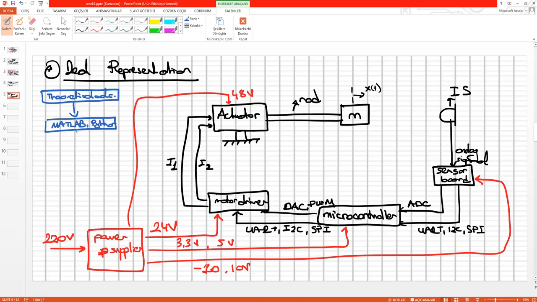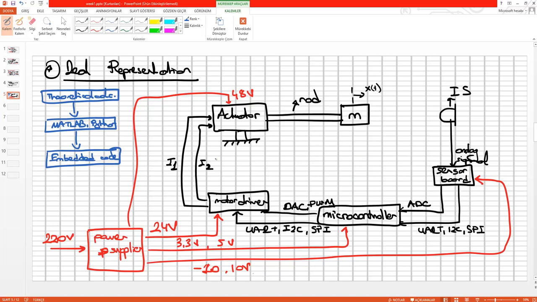And after that, we should create the embedded code design in here. Because MATLAB and Python don't provide the embedded code to be utilized in the microcontroller structures, right? And so if you have a MATLAB model or simulation model, you need to convert these models to the embedded code to drive this system, okay?